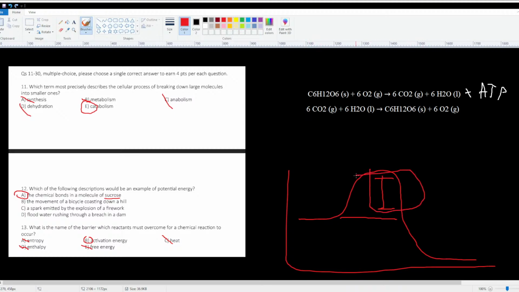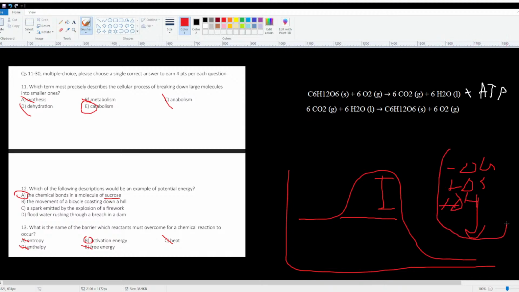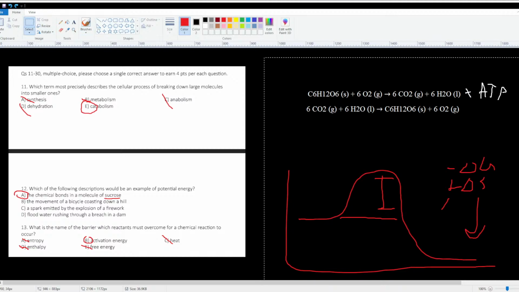So this is our activation energy. This is a line that we have to cross. And over here we have negative delta G, which would mean positive delta S, and positive delta H. All of these are results of the reaction. They're not something that we have to overcome, like activation energy.